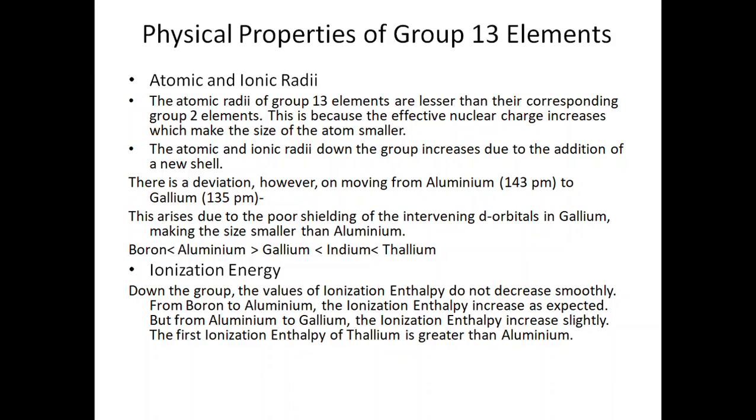That is why here we see the trend changes: from boron to aluminium it is increasing, but aluminium is more than gallium, and gallium is again less than indium, and further thallium also has increased atomic radii.